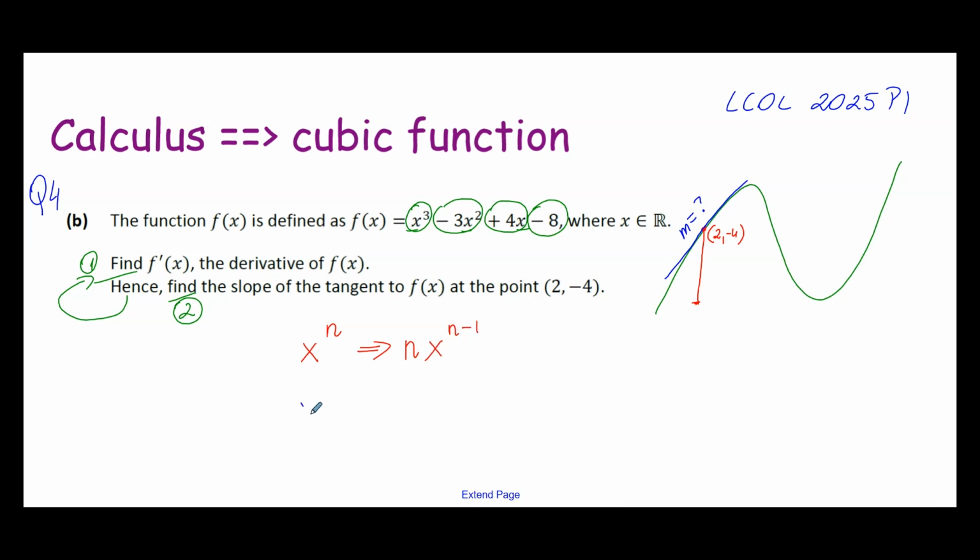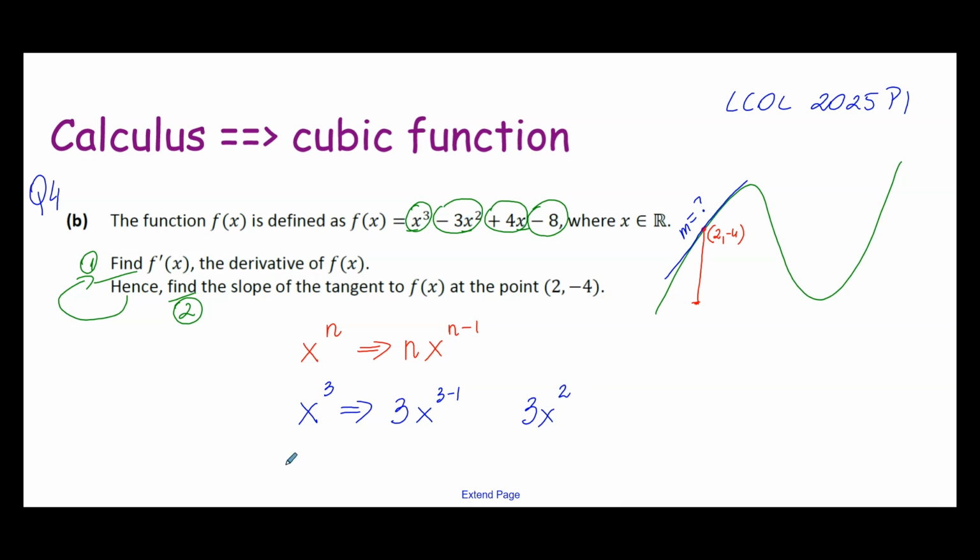Applying that here, if I have x to the power of 3, that power goes in front, 3, then x, and then that power, which is 3, minus 1. So that means 3x to the power of 2.